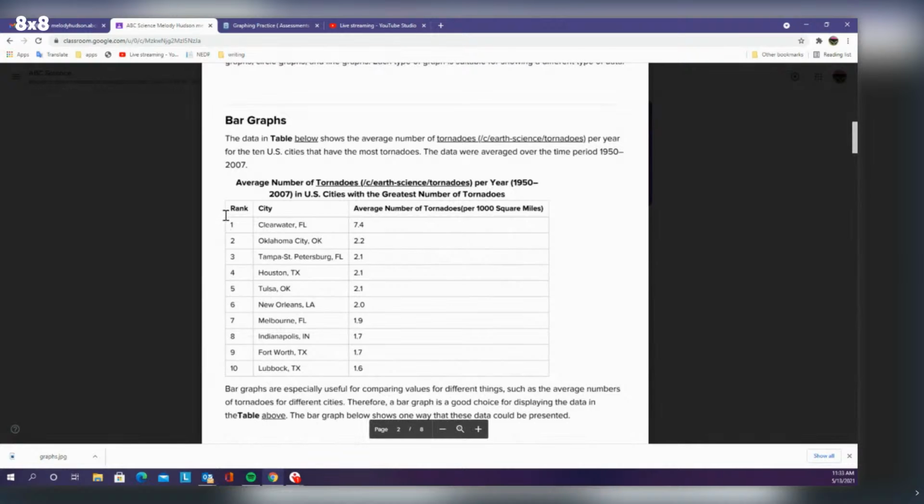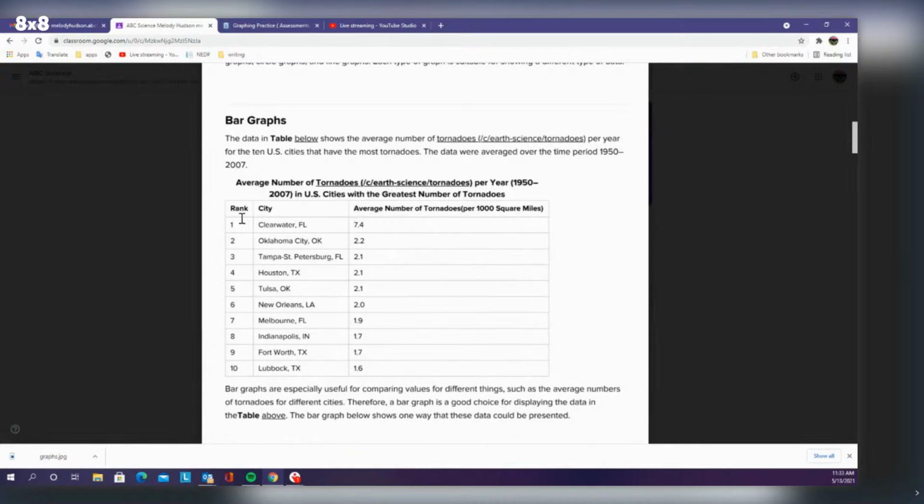And we have the rank. We're looking at the most to the least because we have the rank. Then we have the city in this second column. And then we have the average number of tornadoes per 1,000 square miles.